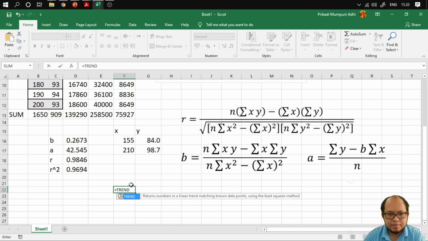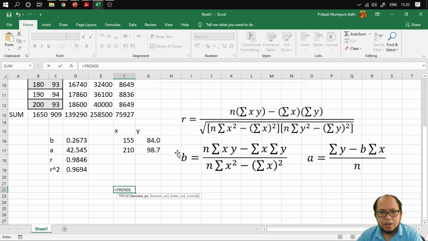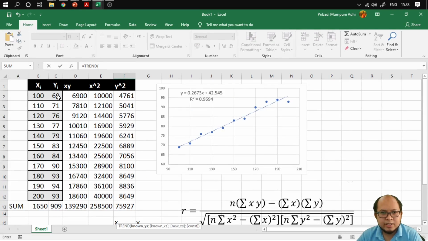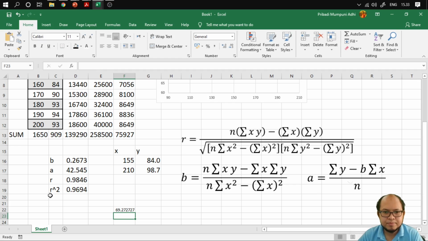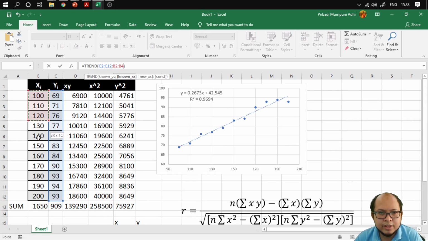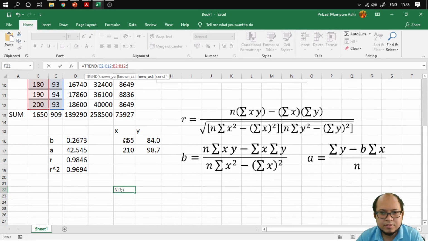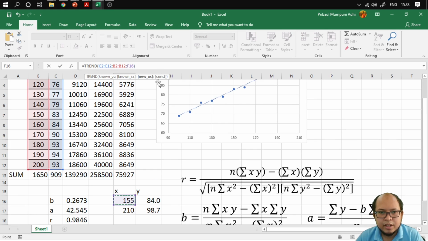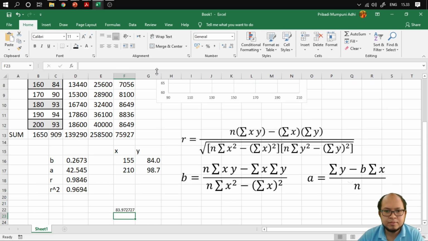So known y, this is the known y, and a semicolon, known x, the known x here, and then semicolon, the new x, this one. And the constant we don't need to put. Enter. So this is the value of y.